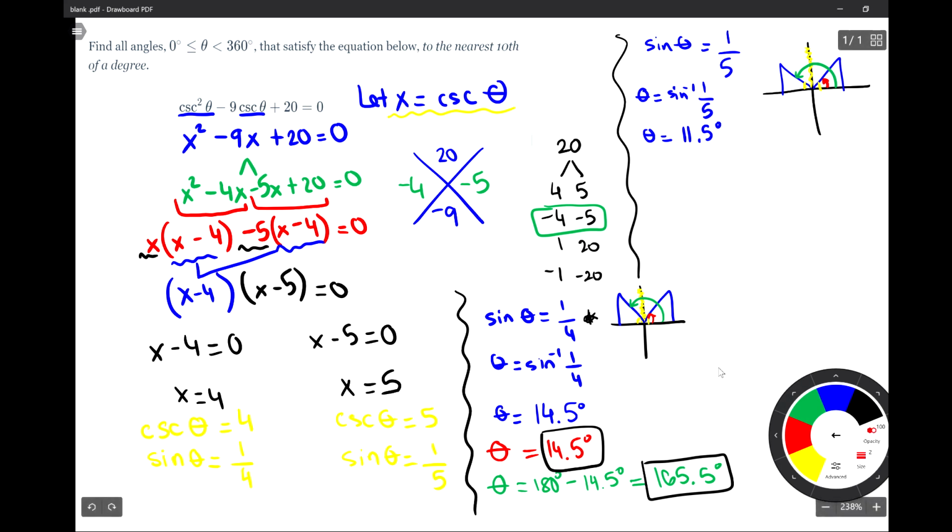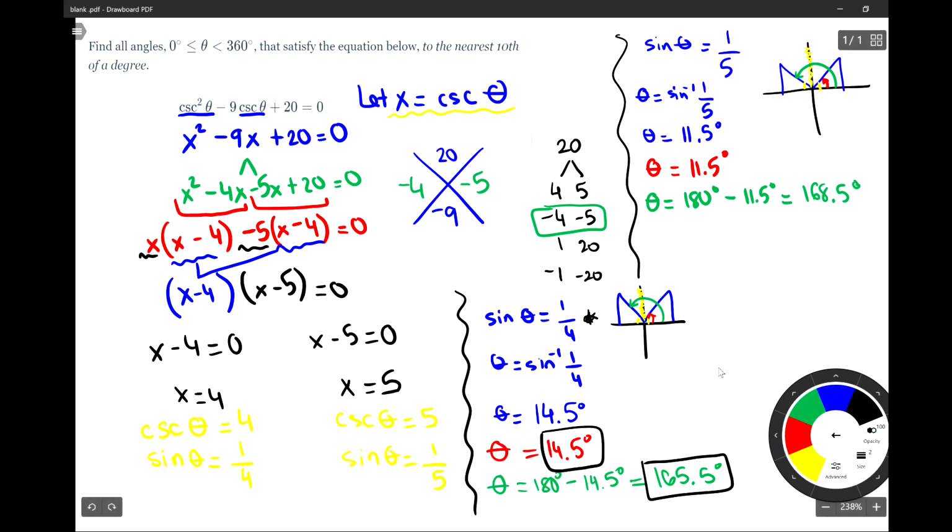So the red angle is also 11.5 degrees. For the green angle, because it's in the second quadrant, we take 180 degrees minus 11.5 degrees to find the green angle, and we will get 168.5 degrees.